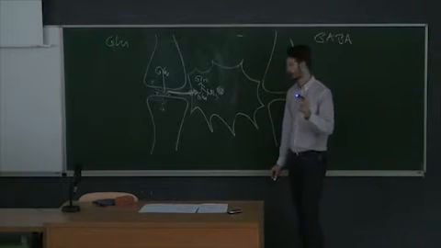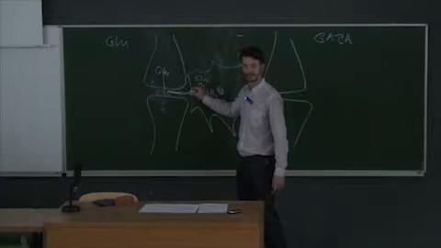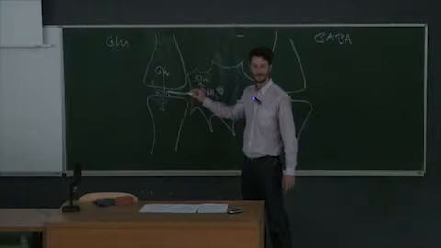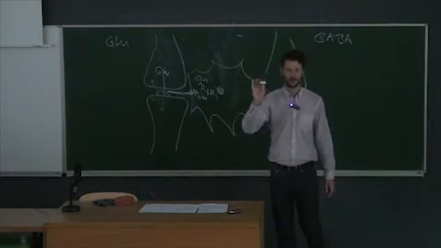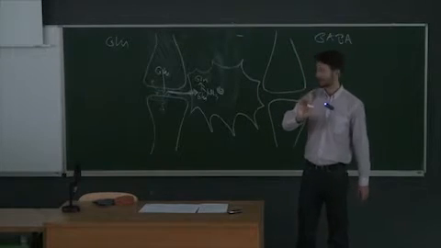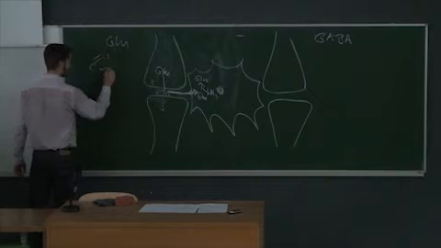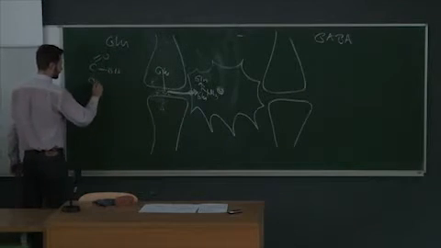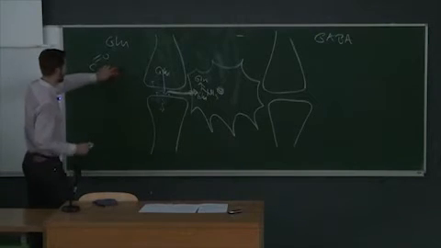But we need one more thing for that. Here you can see that it's actually very useful to know the structures of amino acids. Because the difference between glutamate and glutamine, so this is glutamate, and glutamine is this.